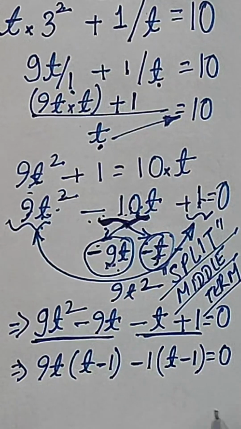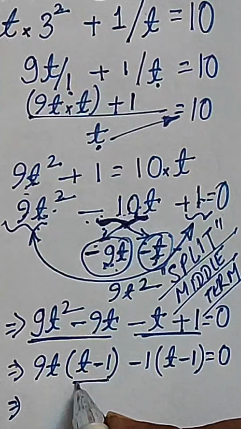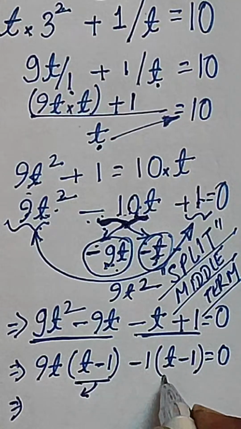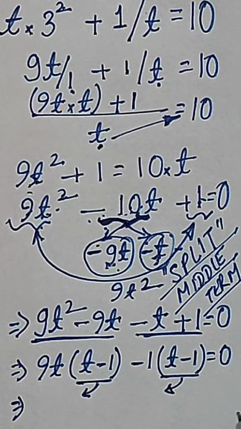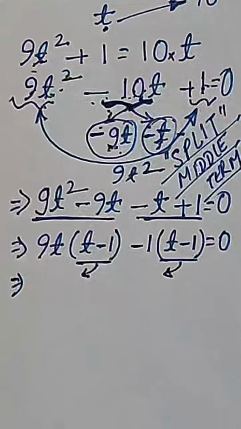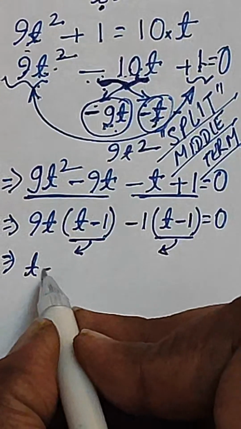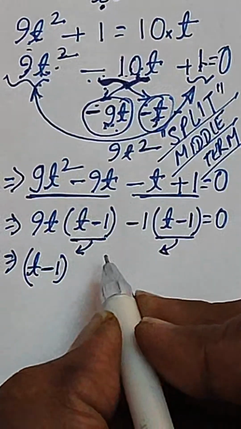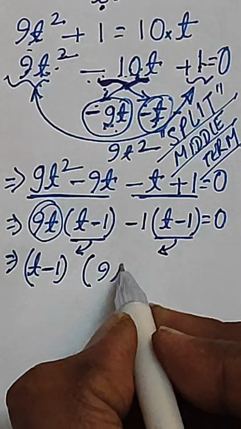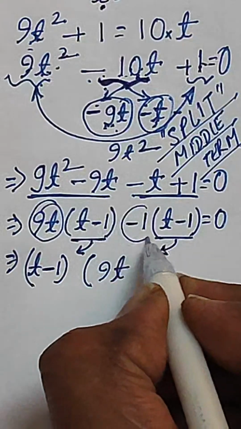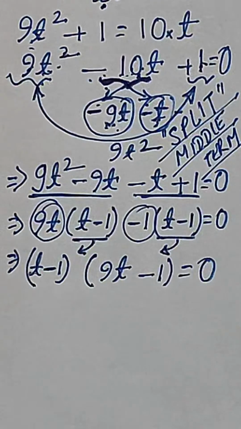When t minus 1 is taken as common from both, we are left with 9t minus 1, and that is equal to 0.